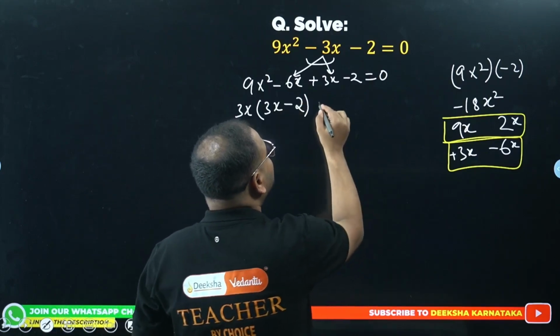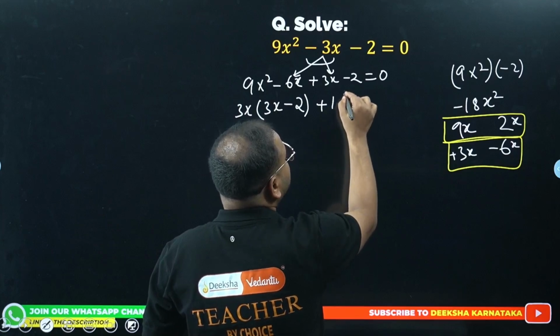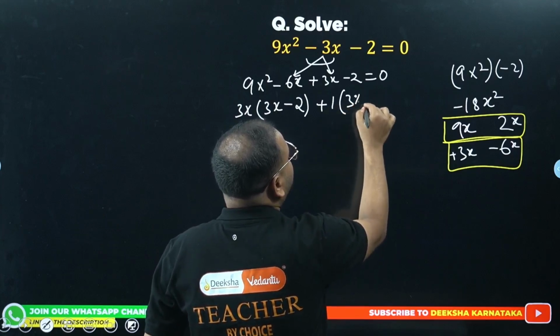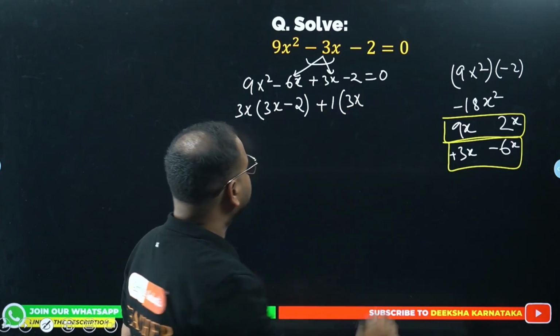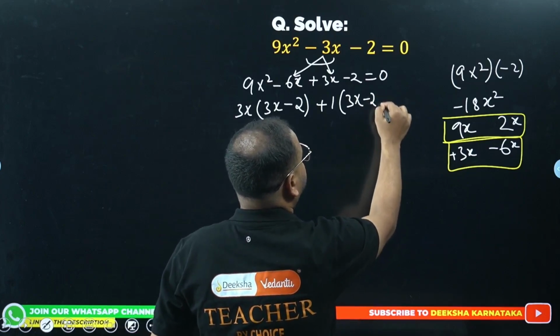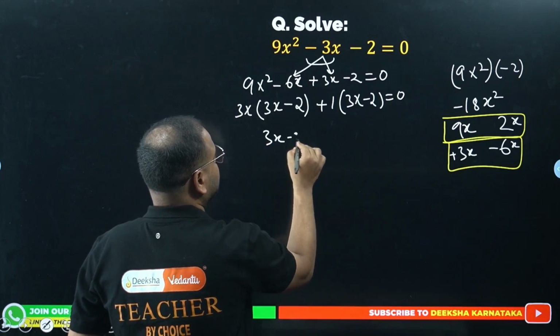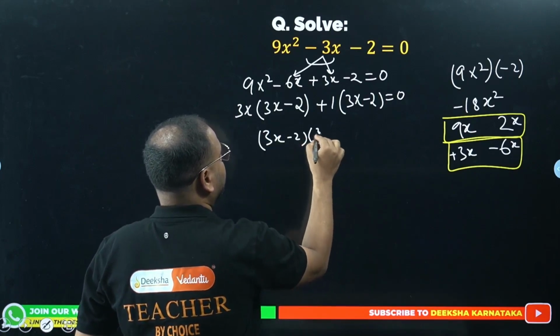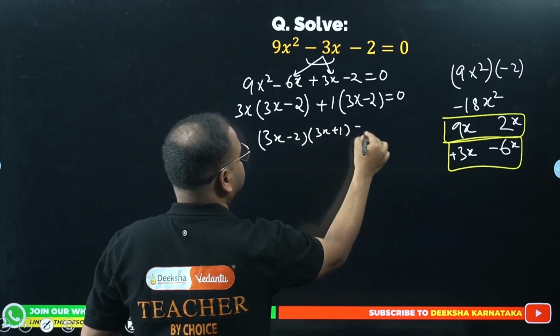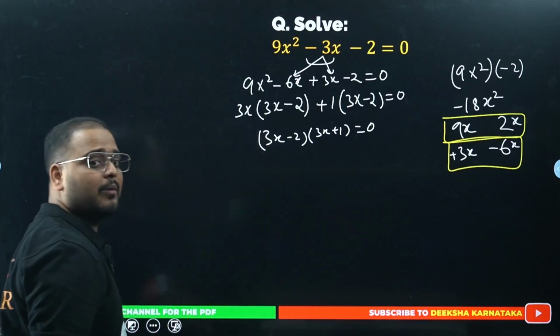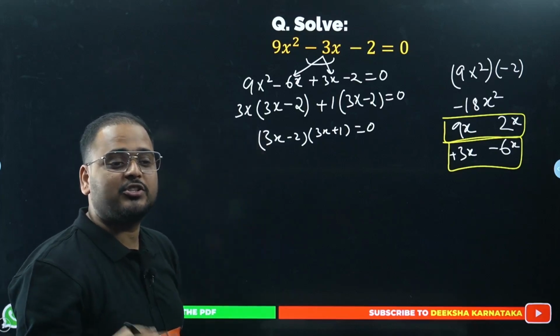Over here, what is common? Nothing, sir. It means 1 is common. 1 is a common factor even though nothing is common, right? Good. Take 3x minus 2 common. I have 2 factors. What I'm going to do to reach the roots?